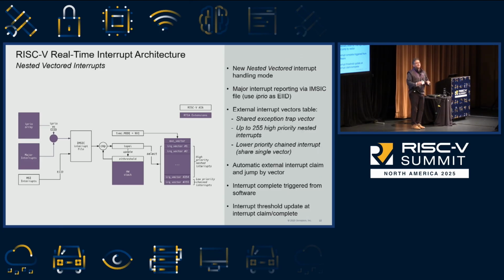These can be chained together at the bottom of the table. When the interrupt is complete, that's signaled in software, and the threshold of that table is updated. So it's another area where we've recommended extending the existing AIA.